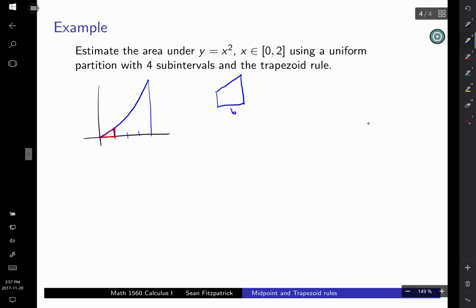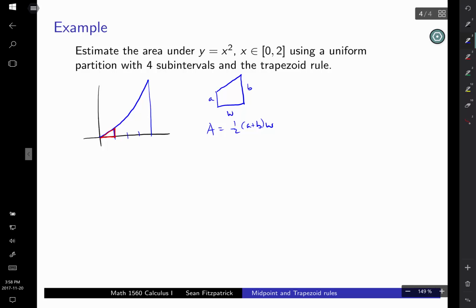There's a base, maybe we'll say W for width, and then there are 2 sides, A and B. And the area for something like this is 1/2 (A plus B). It's the average of the 2 times the width, right? And that's what we're calculating when we're doing the trapezoid rule.